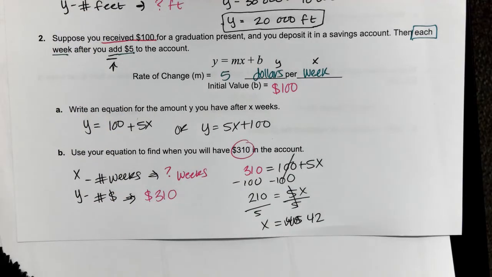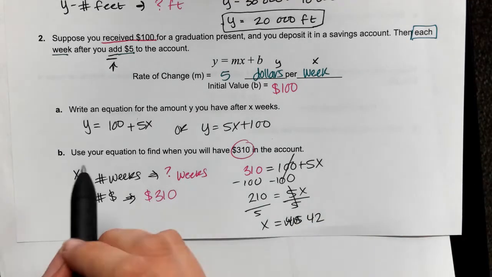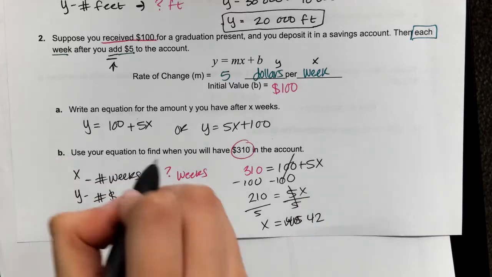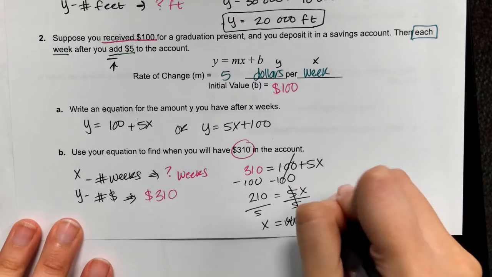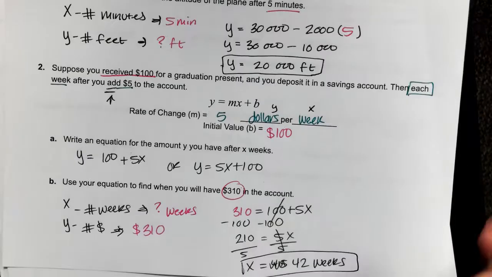So we are going to continue. Oh, actually, 42 what? X represents weeks. We want to figure out how many weeks. It will take us 42 weeks to get $310 into our account.